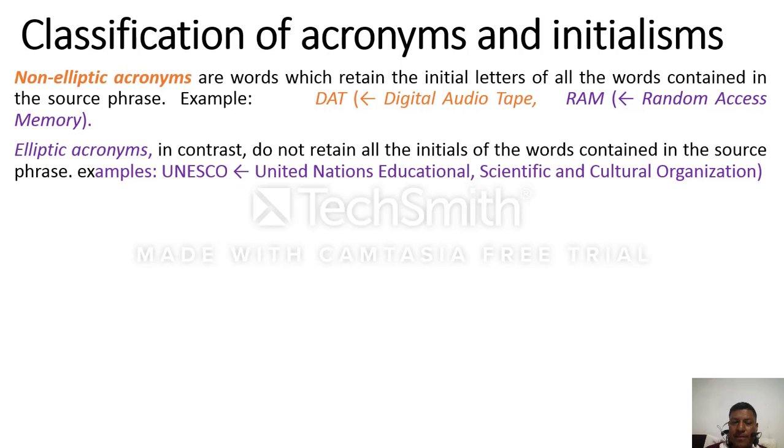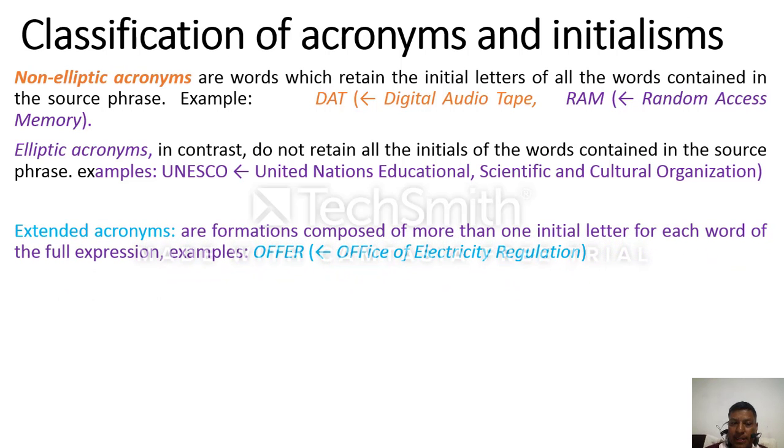Elliptic acronyms. In this subtopic, it is very important that the word retains all the initials of the words contained in the source phrase. For example, UNESCO. UN and ESCO, United Nations Educational, Scientific and Cultural Organization.